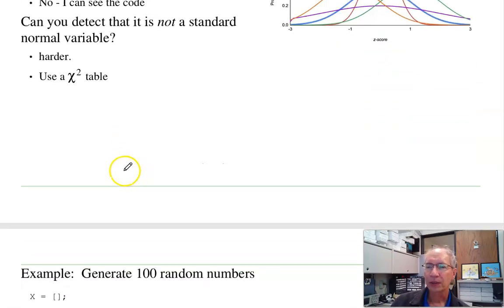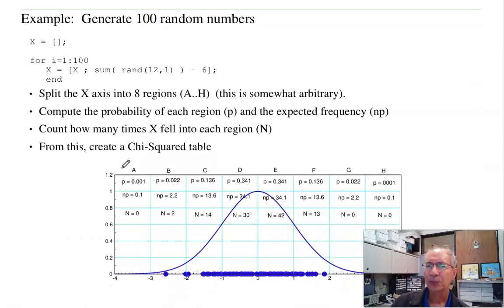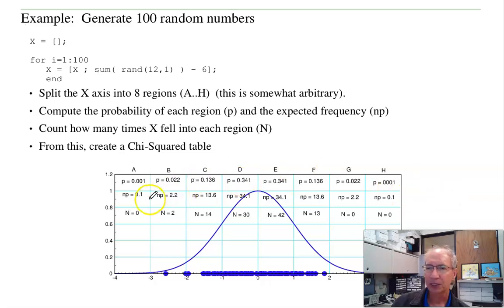Well, to do that, what I do is I split up the region into m regions. Let's use 8 regions, 1 for each standard deviation. I'll then generate n random numbers and count how many times it winds up in each region.